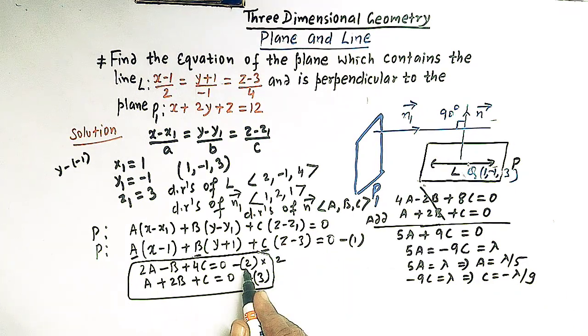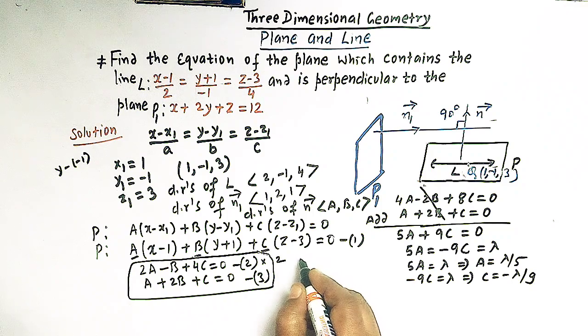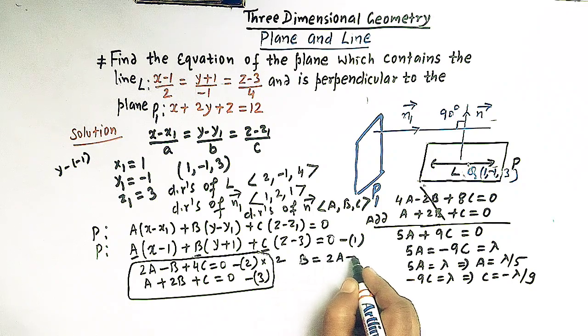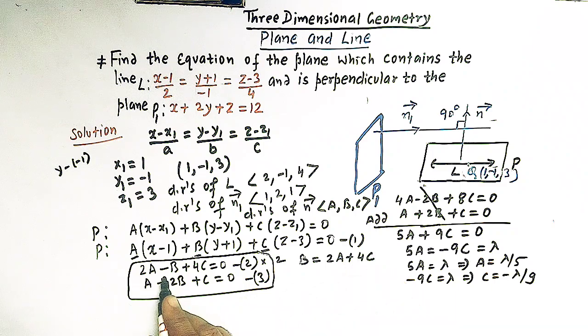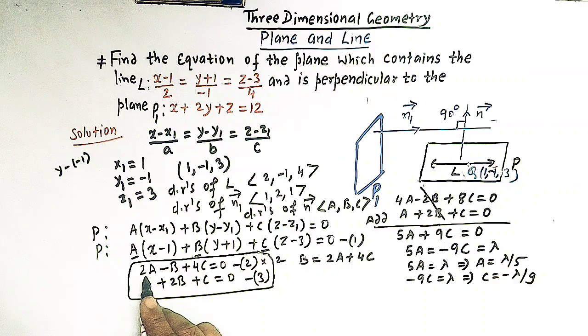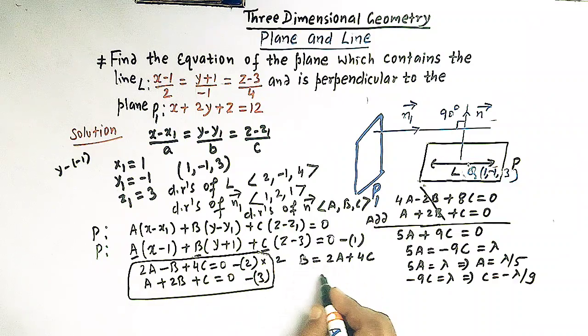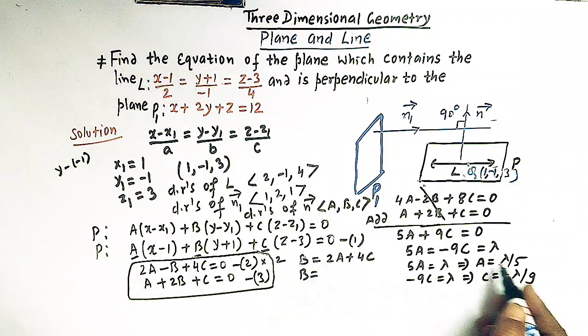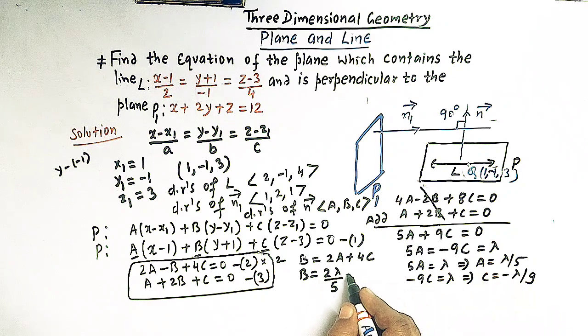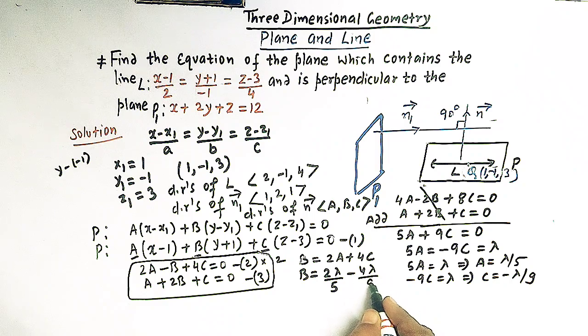Now from equation 2, we can write the value of B equal to 2A plus 4C. Taking minus B to the right hand side, we have 2A plus 4C is equal to B. Substituting A and C in this equation, we have 2 lambda over 5, and then here we have minus 4 lambda over 9.